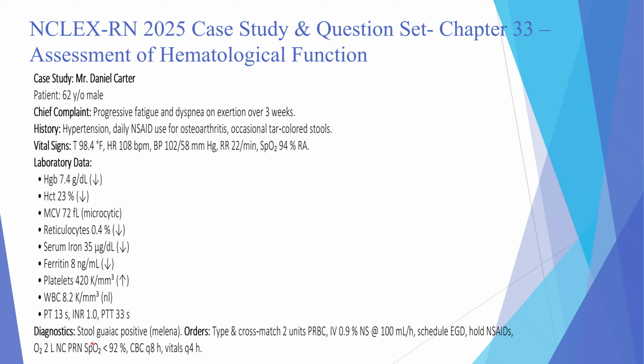So the diagnostics: guaiac positive, melena. Orders: type and cross-match 2 units of blood products, and then IV normal saline at 100 ml per hour, schedule hold NSAIDs because of the bleeding.